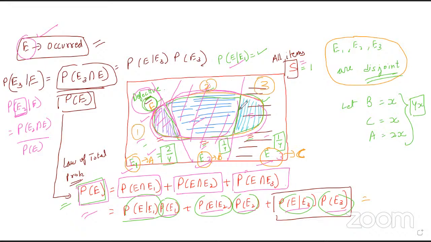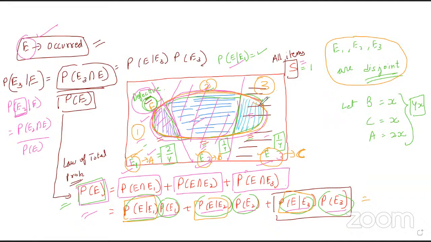And I have information about each of these parts, that I know the probability of E1, E2, E3. And for this big event E, we know its probability of occurrence within each part, right? I know the probability of E given E1, E given E2, and E given E3. This information is given to us.